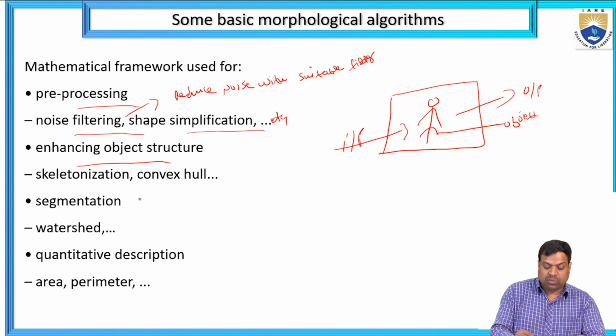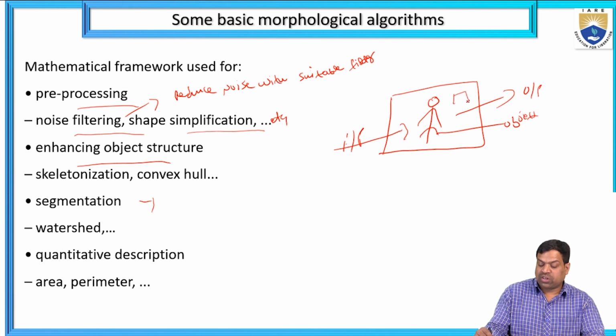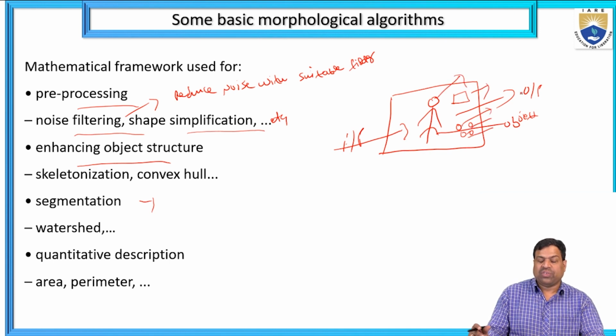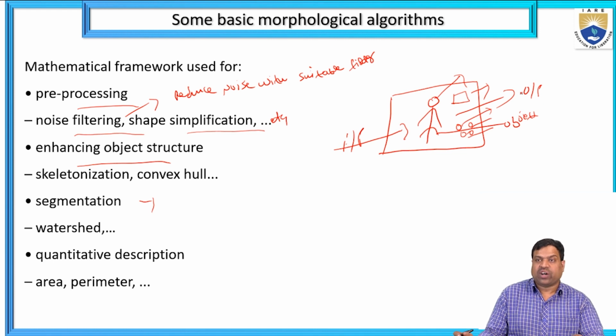Another one is segmentation. Suppose in this image one photo frame is there, and some objects are there. One is one segment, another is another segment, like this. We show them as different items, different objects in the frame, in the image.